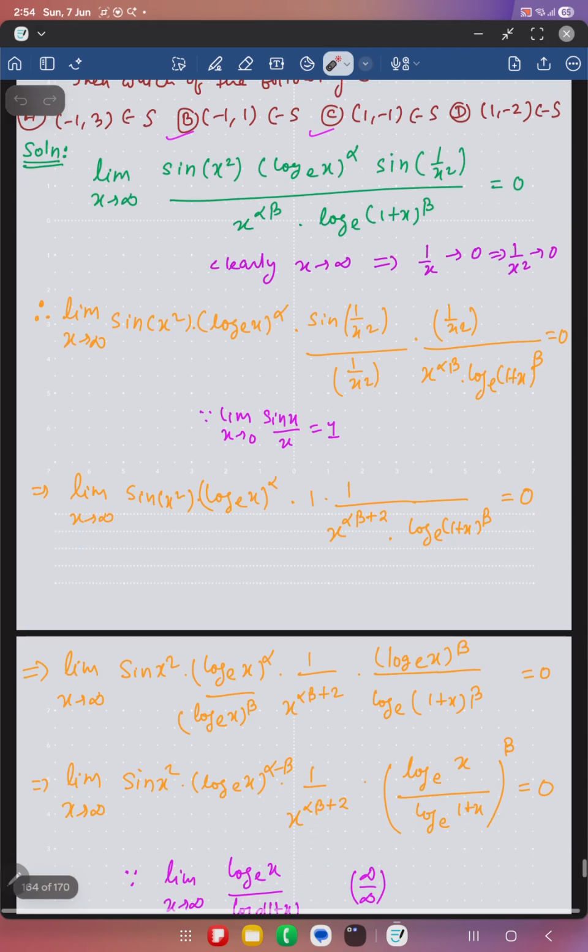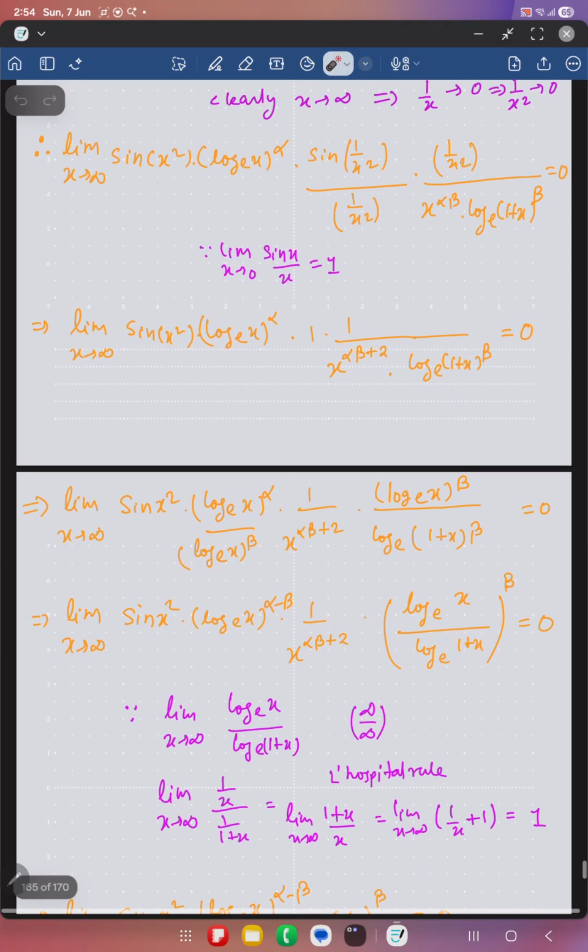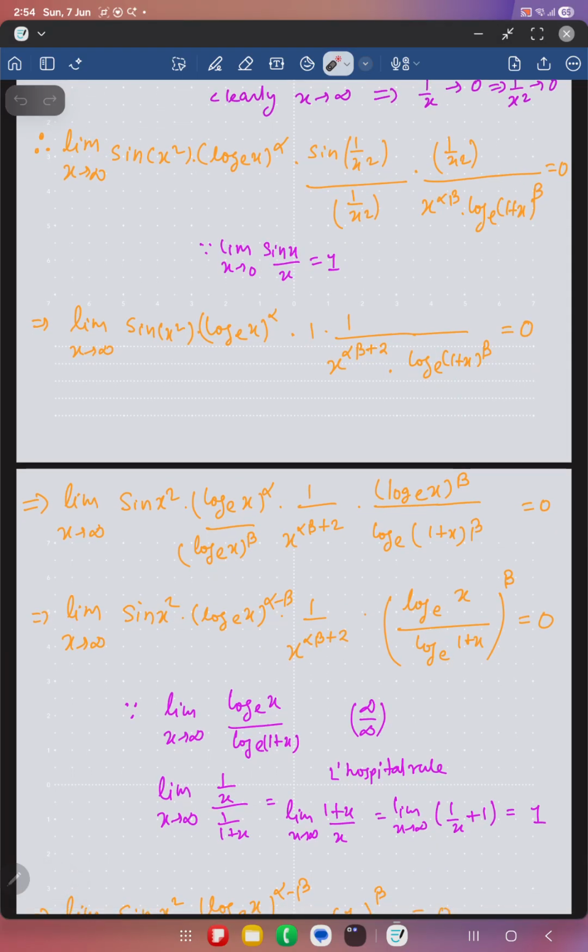Okay, now see what we can do extra. This time we will do division by log e x power beta and multiplication by log e x power beta in the numerator and denominator. Okay, so we will see what will happen now.